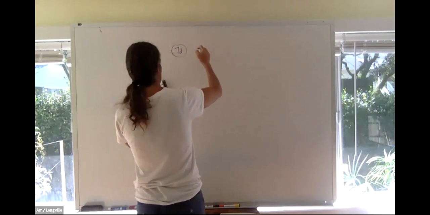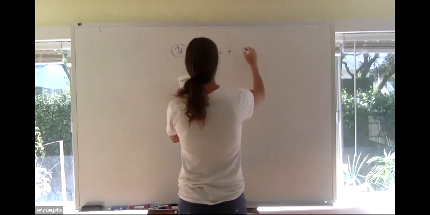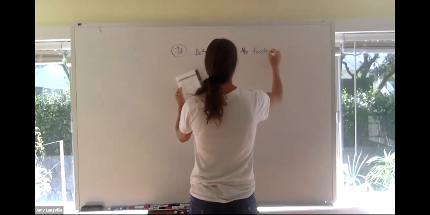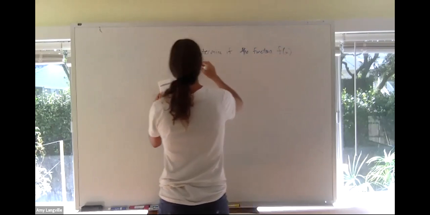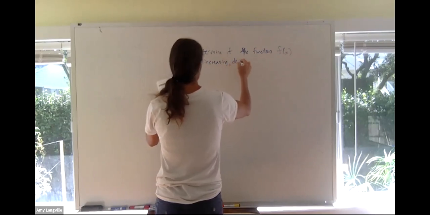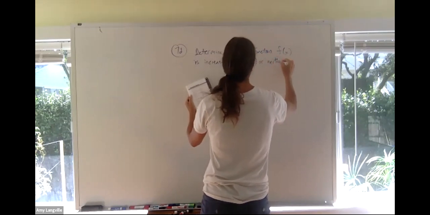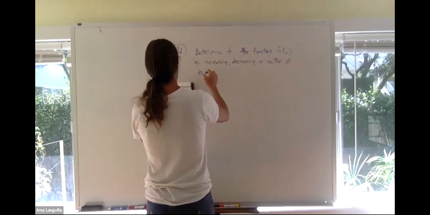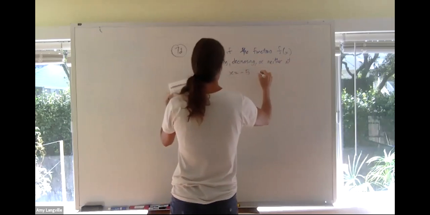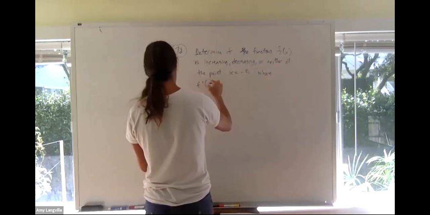It says determine if the function f of x is increasing, decreasing, or neither at the point x equals minus 5, where the derivative f prime of x is given.